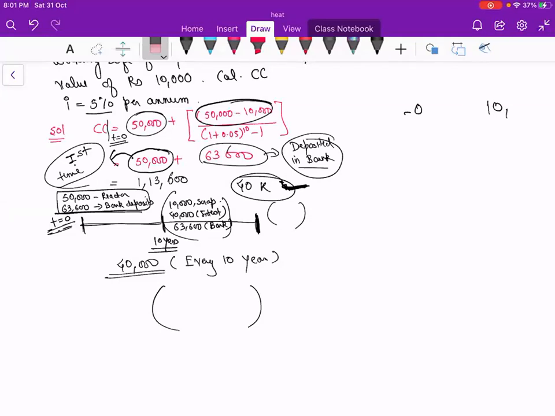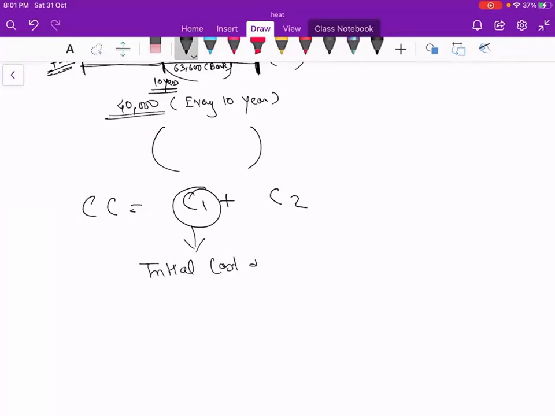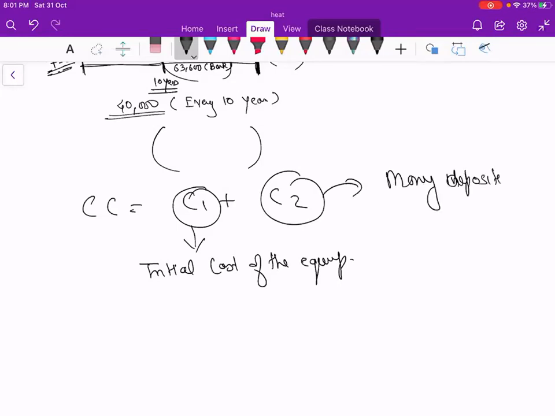Everyone got the point. So CC means C1 plus C2. This C1 is the initial cost of the equipment, and this C2 is the money deposited in the bank for the replacement of the equipment.